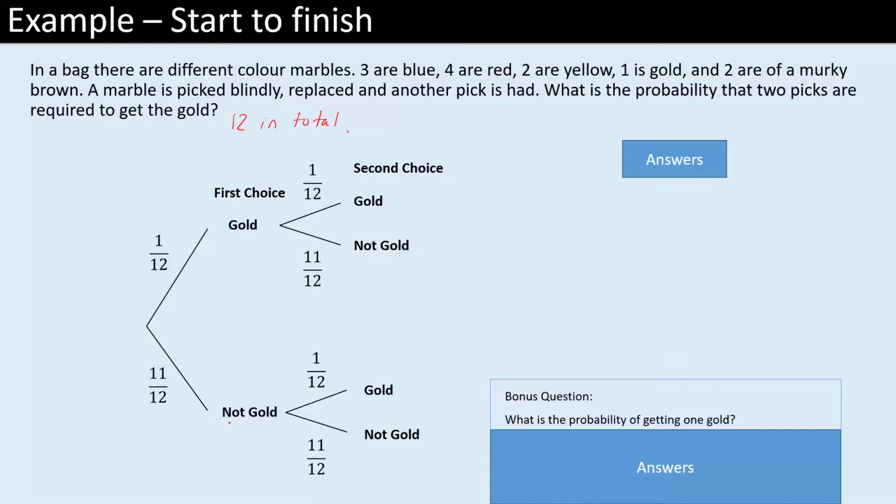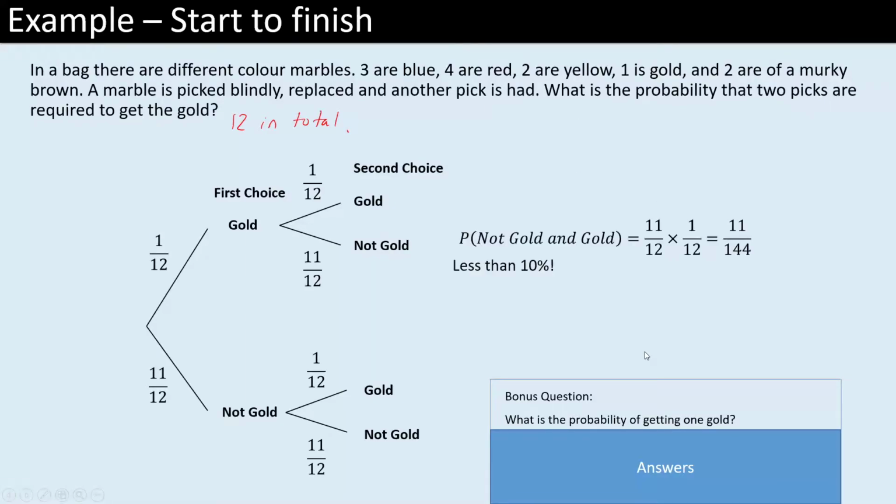And hopefully you remember, if we go across 2 branches, we need to multiply. So we want the probability of not gold and then gold. So 11 out of 12 times 1 out of 12, which is 11 out of 144, which is less than 10%. That's not a lot of wiggle room for us. Okay.